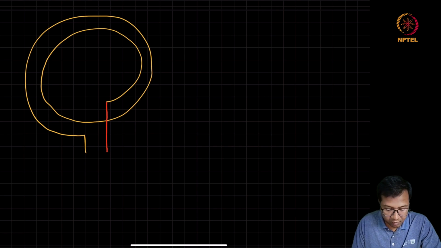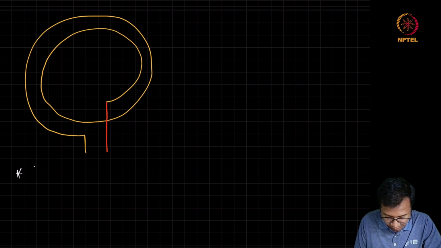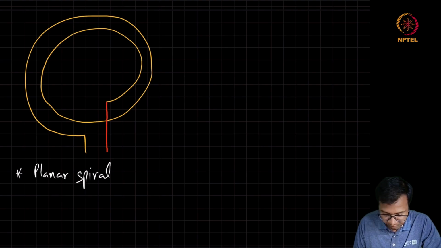So there is no connection here. Planar spiral inductor.